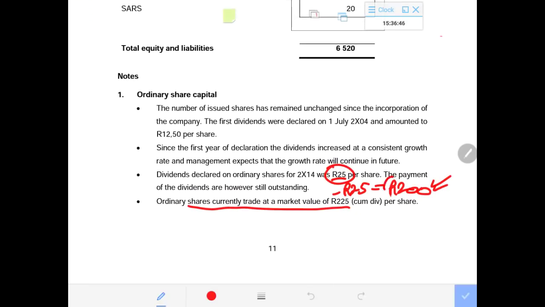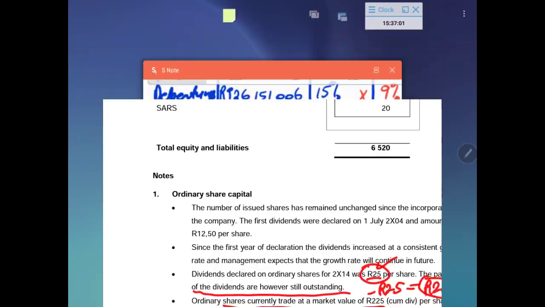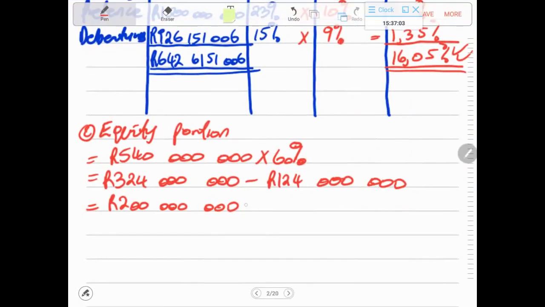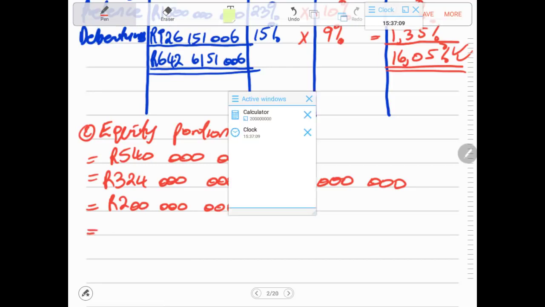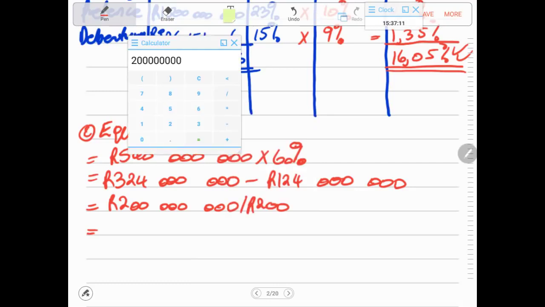This is the current price of the share before we added the 25 rand of the cumulative amount of the preference dividends that were not yet paid. So now our share price is 200. So now we can divide this by 200, which is the price of our shares, in order for us to get to the number of shares that we are asked to determine.